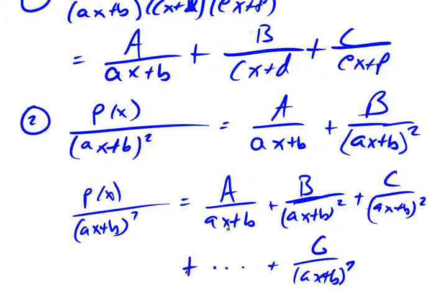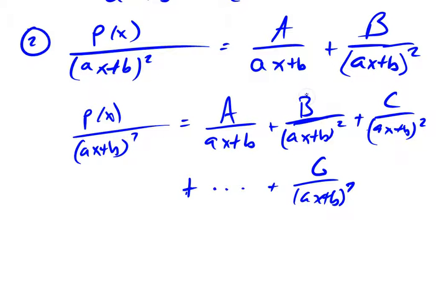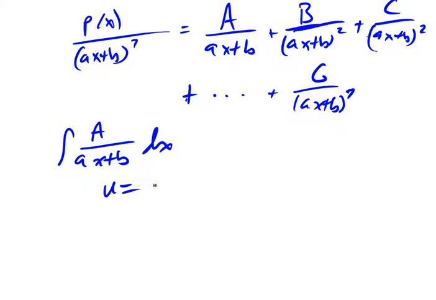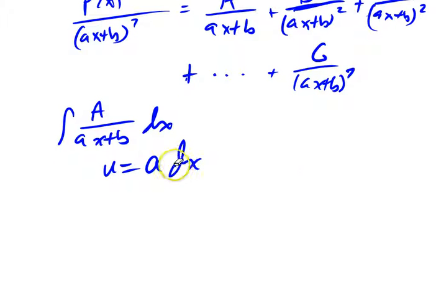Notice that the whole reason we're doing this is to break this up so we can integrate it. If I'm looking at the integral of A over ax plus b dx, then I've got a u substitution. U is the denominator.